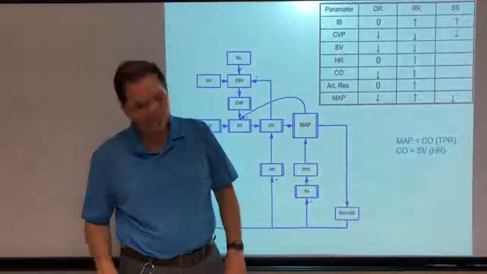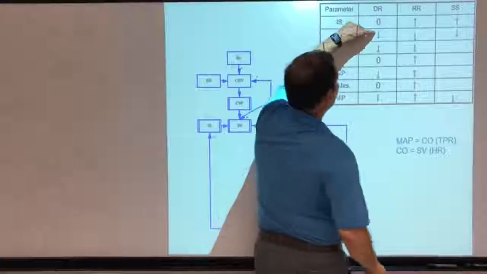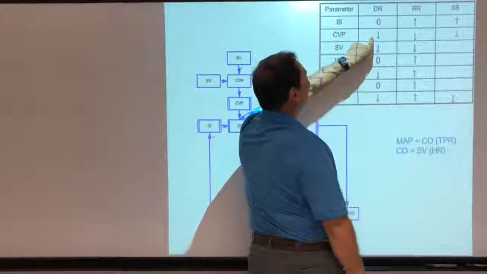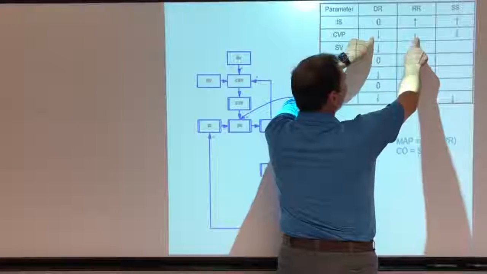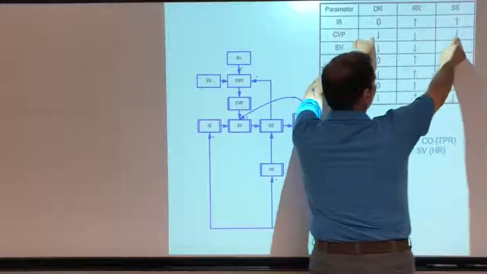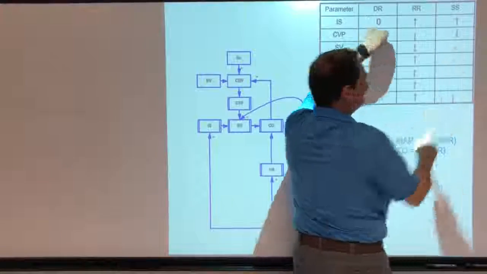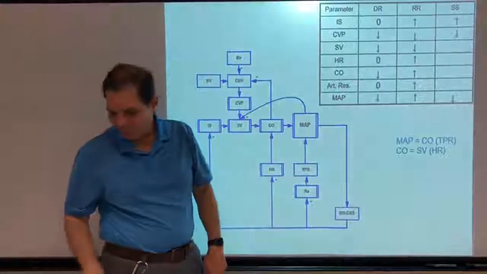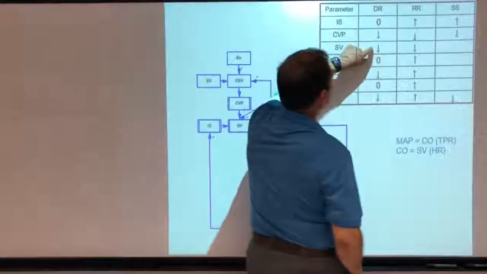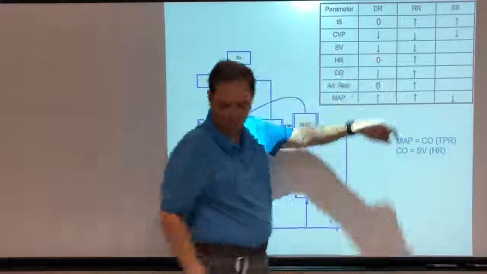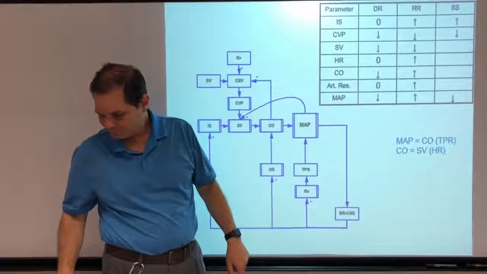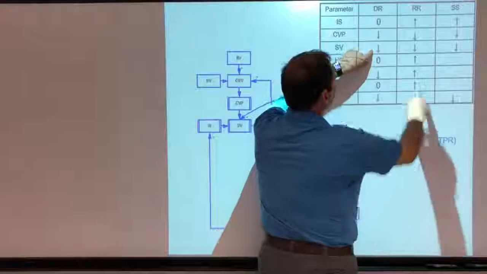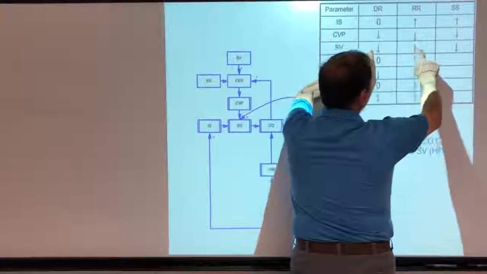For central venous pressure, the direction of change was down in the direct response, and then it dropped further in the reflex response. So we know that's going to be down compared to where we started. The stroke volume dropped in the direct response, dropped further in the reflex response.